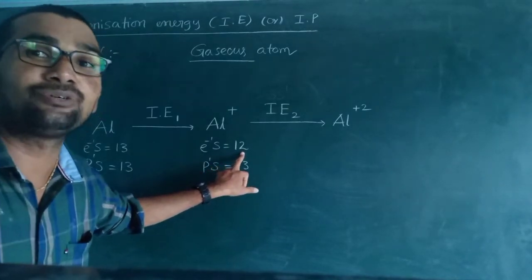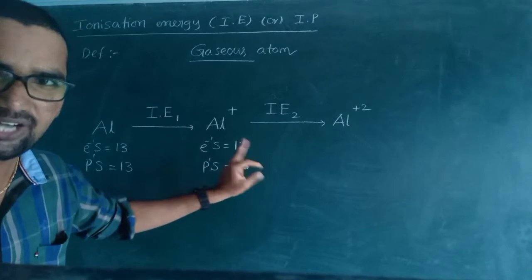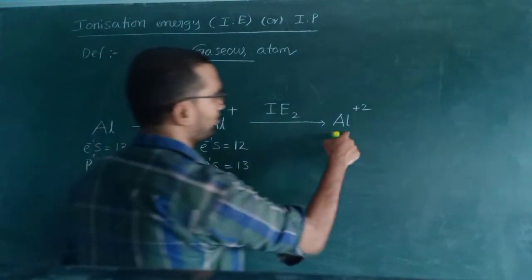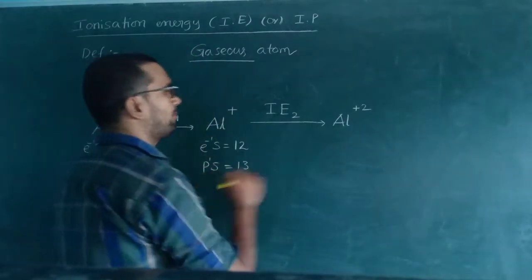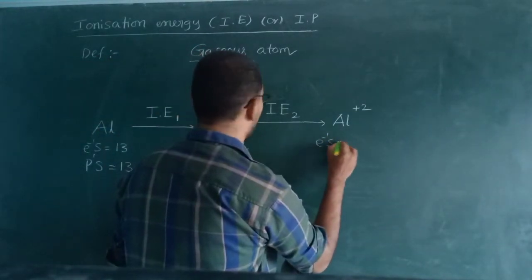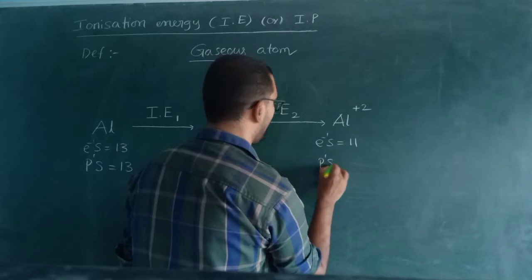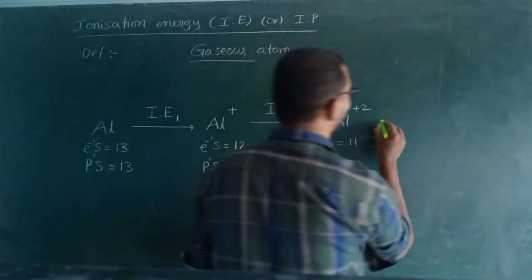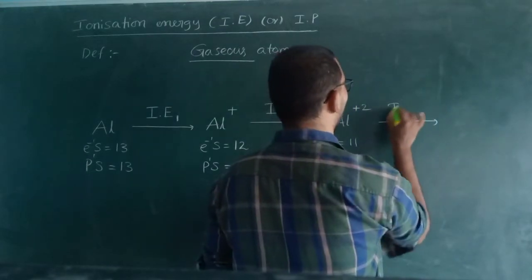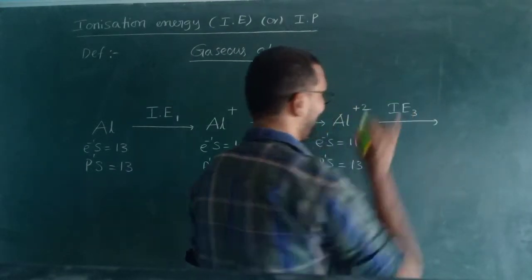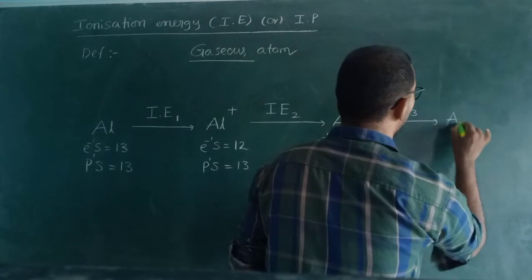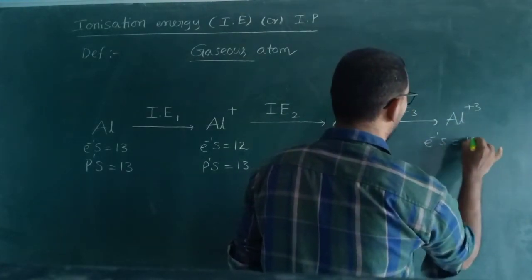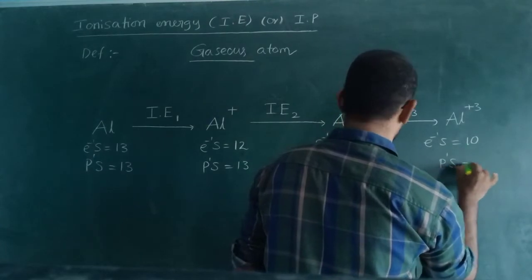Simply it is called nuclear charge, so nuclear charge increases. Now Al2+ means one more electron removed, then electrons are 11, protons are 13. Now remove one more electron, IE3. Then it is converted to Al3+, and electrons are 10, protons are 13.